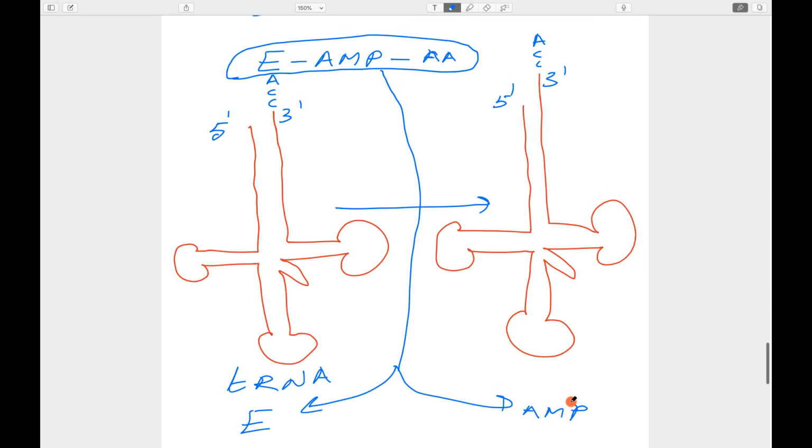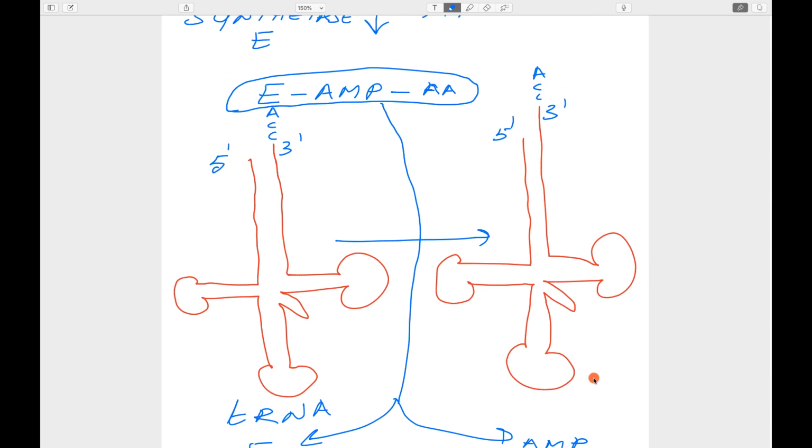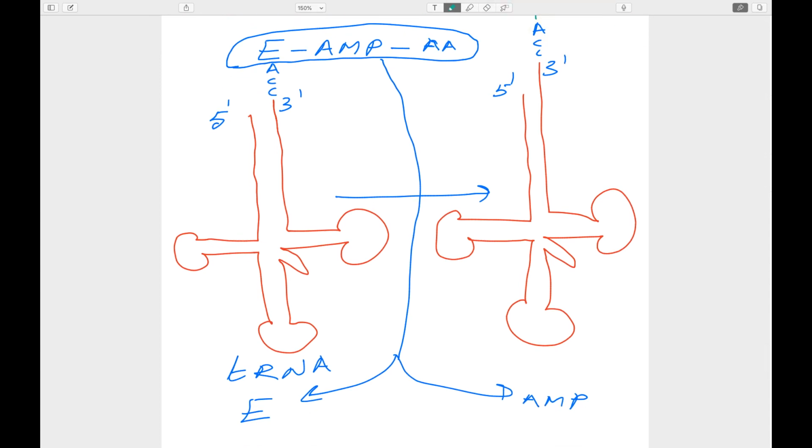So in this process, what happens here? The binding of amino acid is taking place. Once the binding of amino acid takes place, it leads to amino acyl transfer RNA.